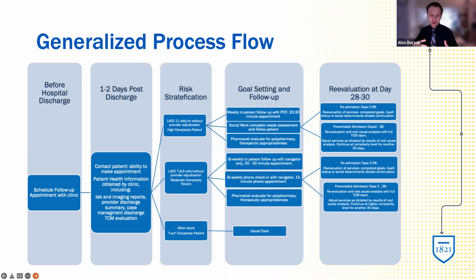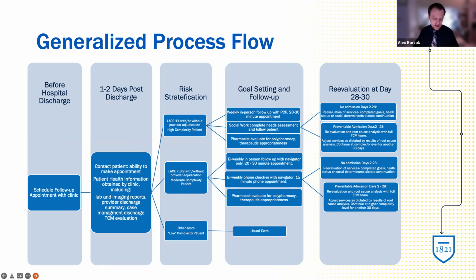And then at this point, they're also doing a risk stratification to determine what level of services this patient may need to keep them out of the hospital. And from there, that's going to turn into goal setting, what kind of goals are going to be set, and what kind of resources are going to be utilized.